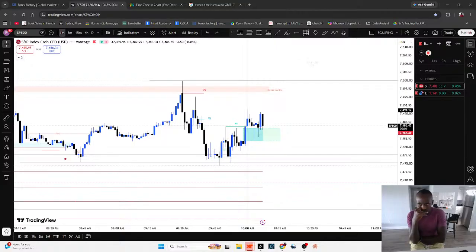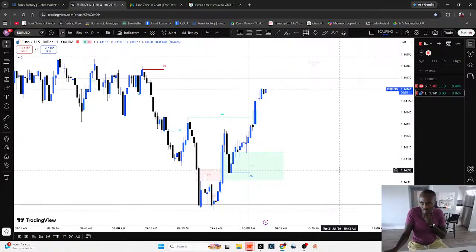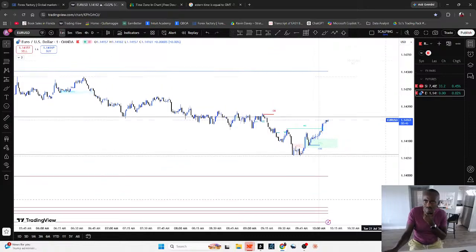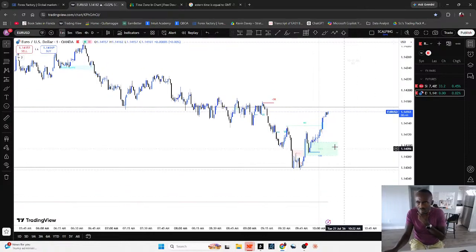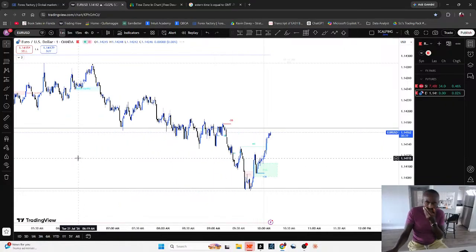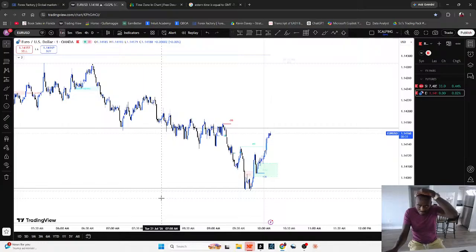Like, it already is. Look at that 5. Unless ES gets back below midnight open, I'm not going to really touch shorts. Five-minute is ugly.